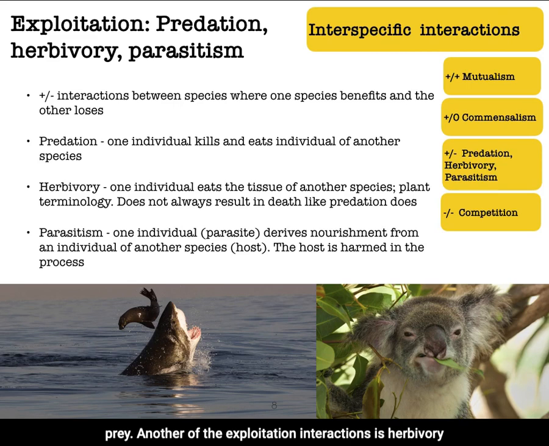Another of the exploitation interactions is herbivory, where one individual eats the tissue of another species. But unlike predation, this does not always result in the death of the individual. Large mammalian herbivores are mostly familiar, but most herbivores are small invertebrates.